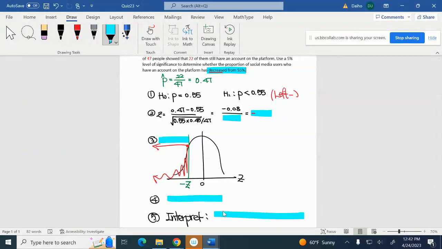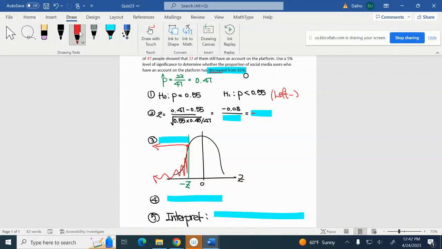Do you have an idea? Anybody who got the test statistic, the Z-score? Anybody? Not yet?